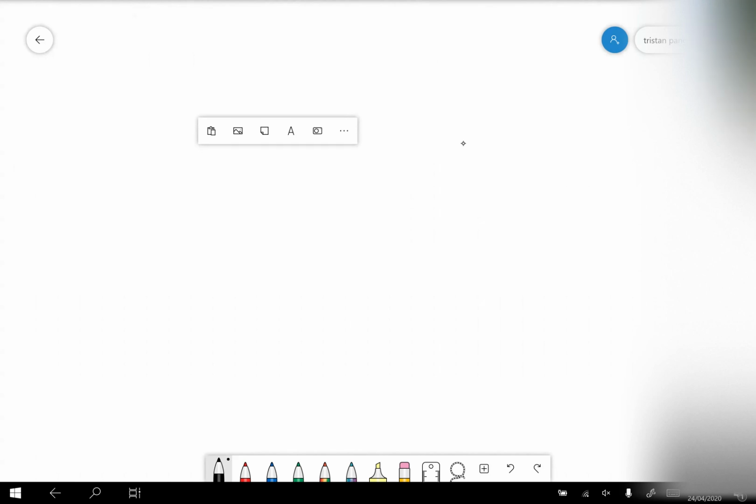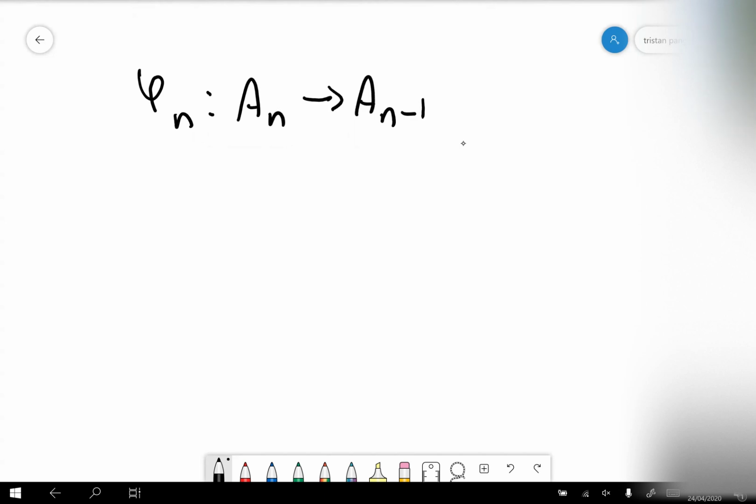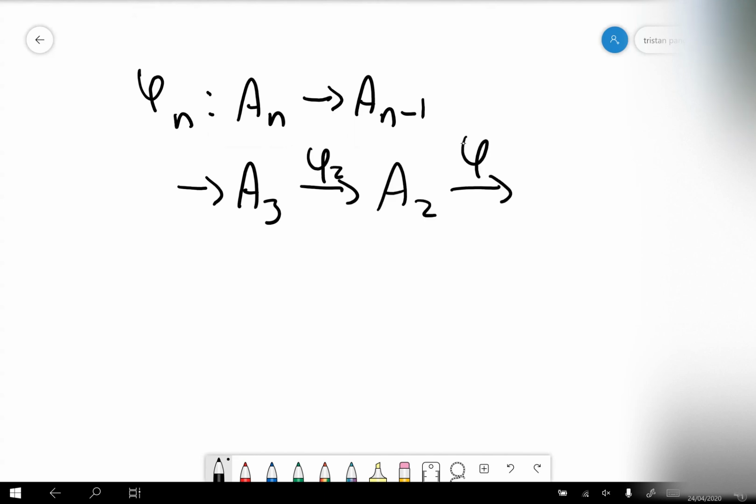An inverse limit is just, well, we first take homomorphisms phi_n from a set A_n to a set A_{n-1}, and then we can write this in whatever form this is called. So we have A_3, and we take the homomorphism phi_2 into A_2, phi_1 into A_1, like that, and then this goes on to infinity that way.